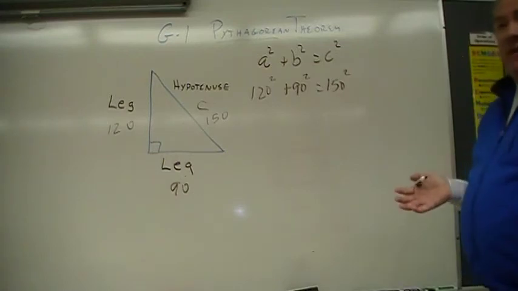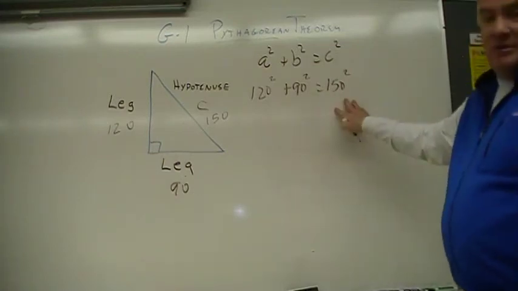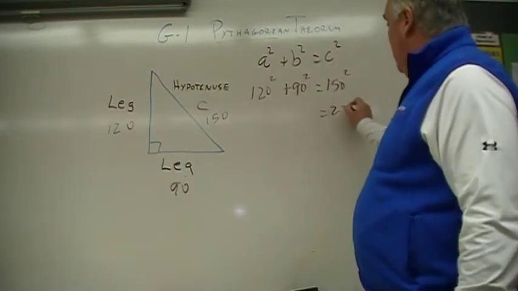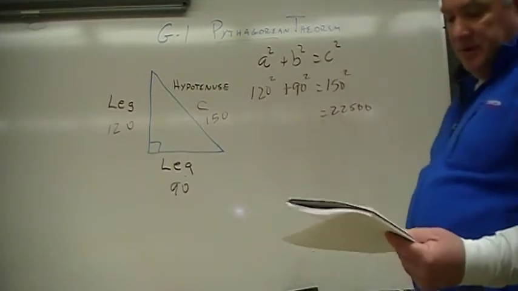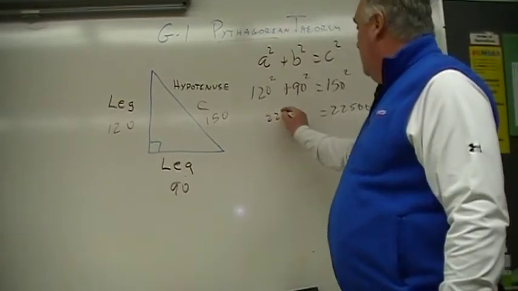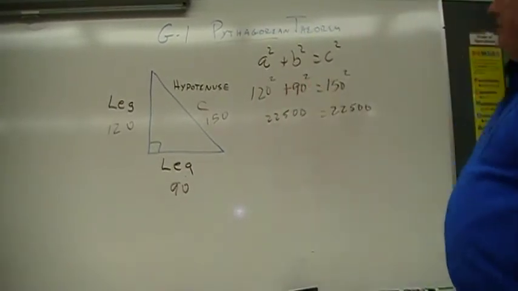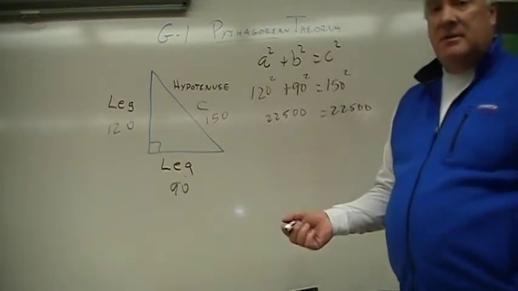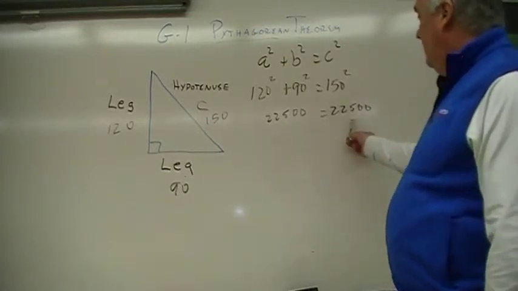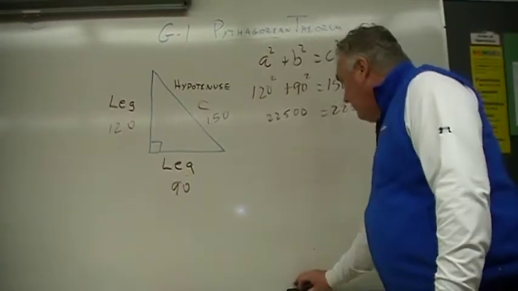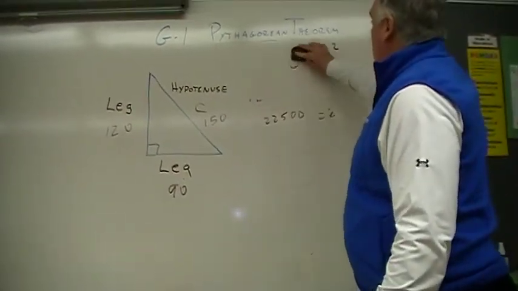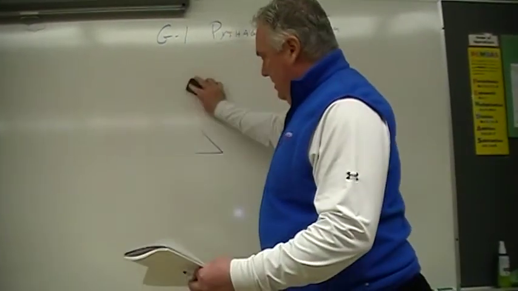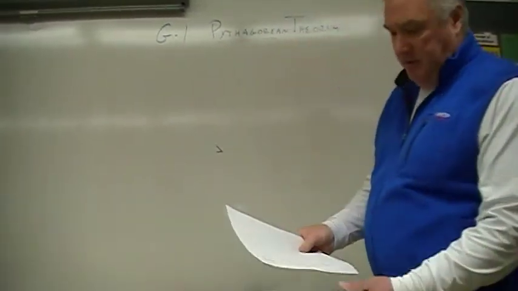So let's do the math and see if the left side equals the right side. And when you do that, you will get big numbers, which is fine. Once you do that math, you will see that they equal out, and your answer will be yes, they are a right triangle. So, that is our third teaching problem right there.